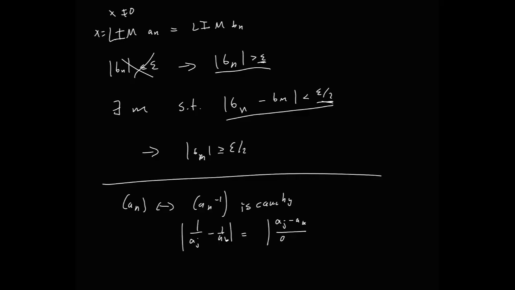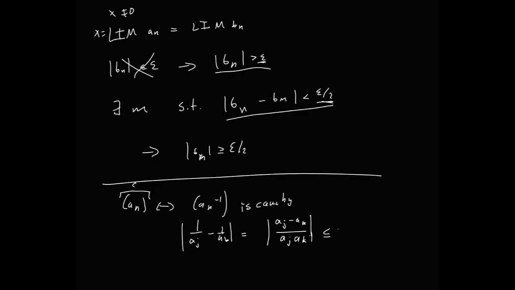And this is bounded away from 0, so we'll let this be bounded away from 0 by c. Therefore, all of these are greater than or equal to c, so c becomes c squared.